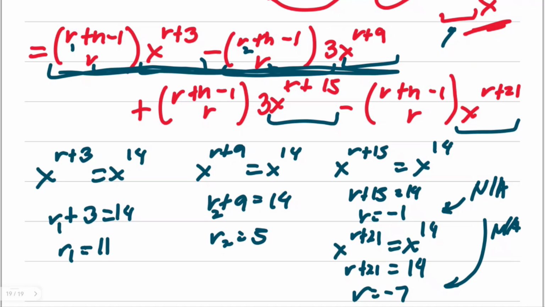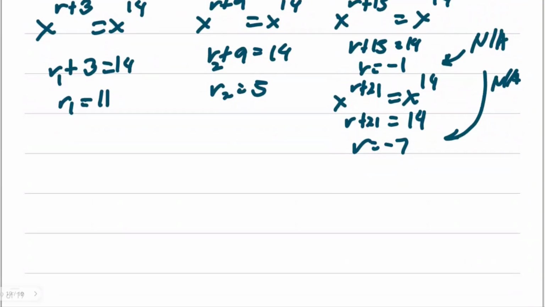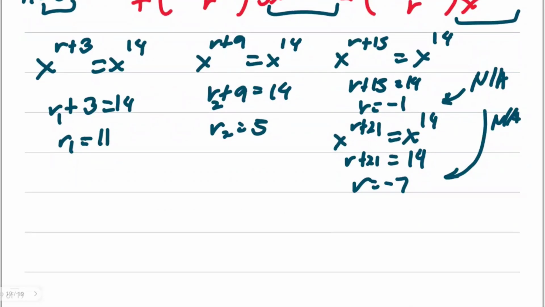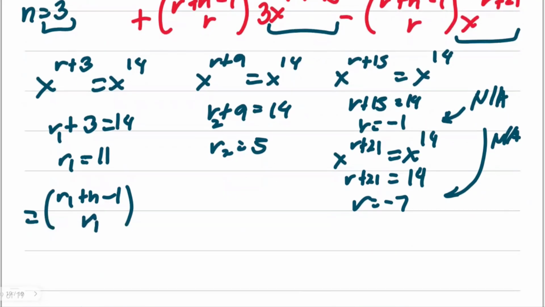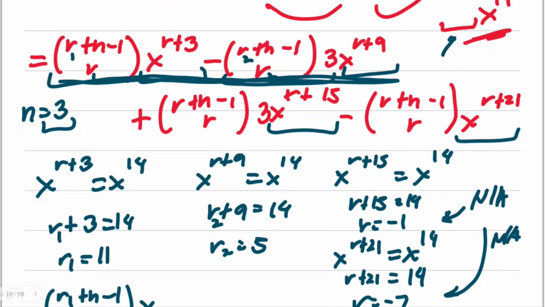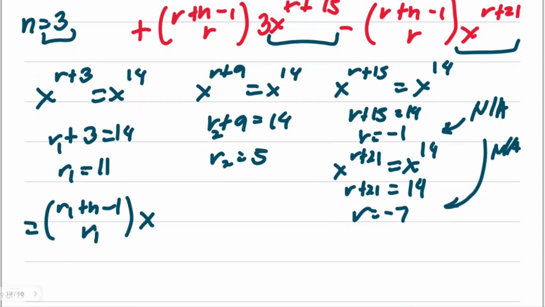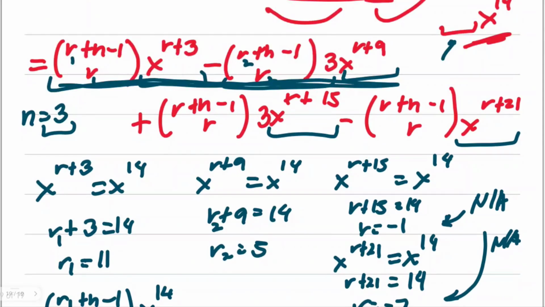Okay? For our N, still N equal to 3, as there are 3 boys who are playing the said experiment. So moving that here, copying the first one is R sub 1 plus N minus 1 taken R sub 1 times X to the power of this one here. Yeah, 14. That is actually now 14 for 11 plus 3.